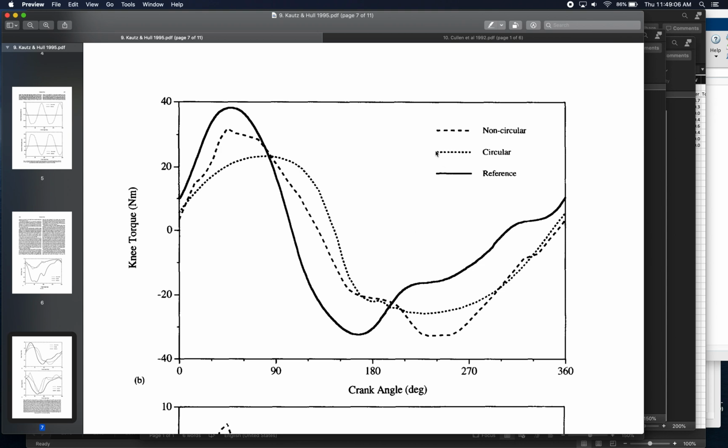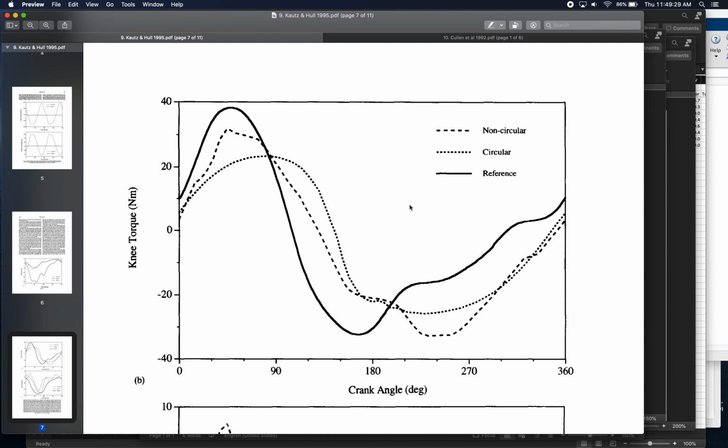The thin dashes, this smoother looking line here, is the torque produced when they had the model pedal with the circular chainring with minimum joint torque. And you can see it's not exactly like the human torque, but it's roughly similar in shape to the pattern of joint torque that the human produced.